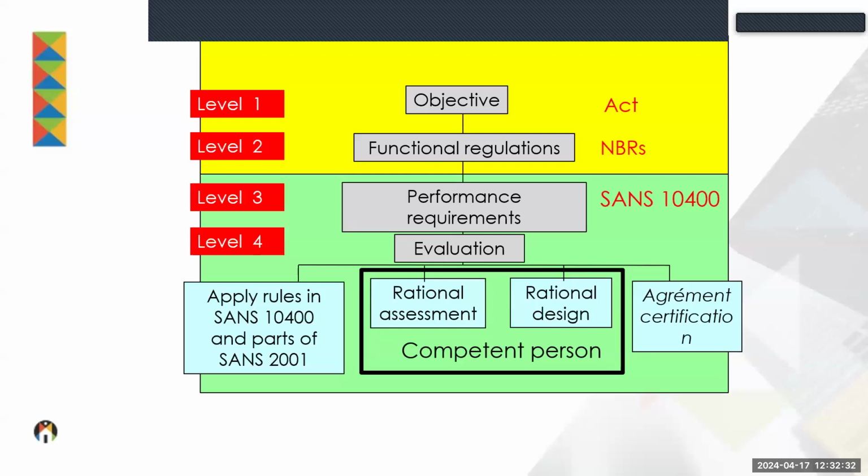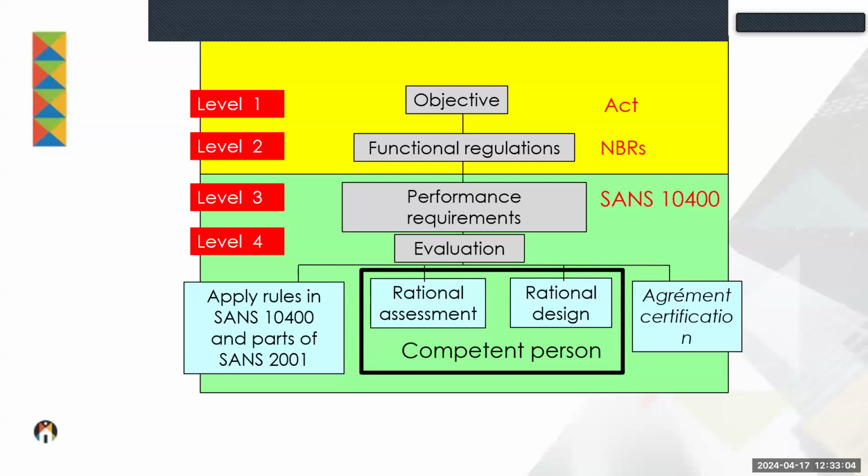Then we go to the 10-400s. That is where we get the performance requirements published in the standards. In other words, these are the minimum requirements that a building or a building element or a building component has to comply with. And normally what happens here is that reference is made to other codes of practice or standards. Like in engineering, they will refer to 10164, 10100, etc., which the engineers then use to do rational design.